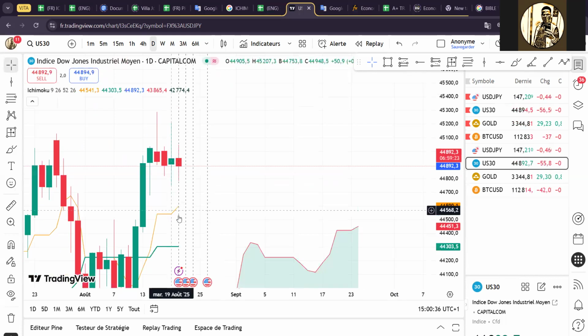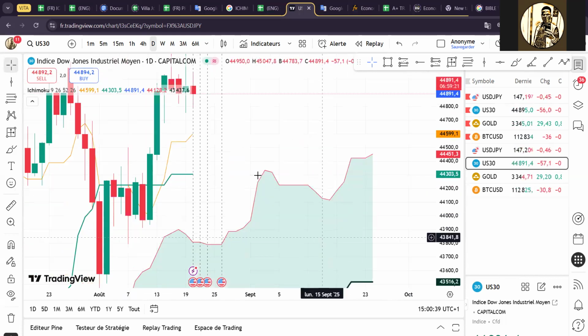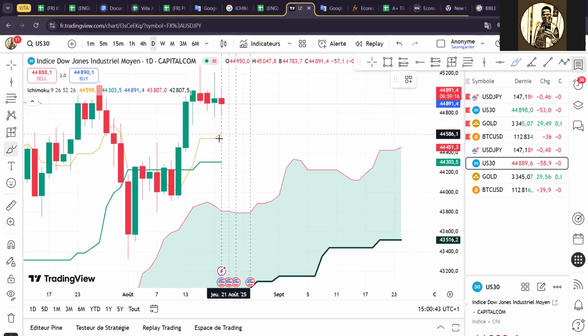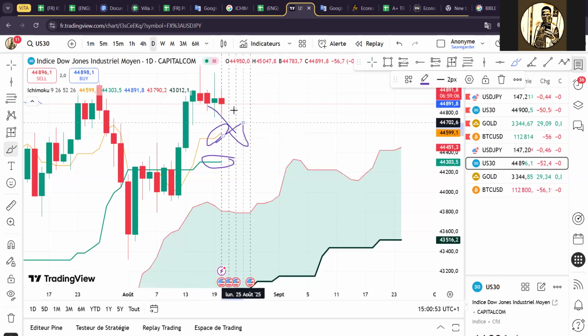But yeah, we want to go to the upside. Tenkan is pointing to the upside, but we are not going to the upside now because Kijun is still flat. That's the configuration where I said that we are going down in daily.